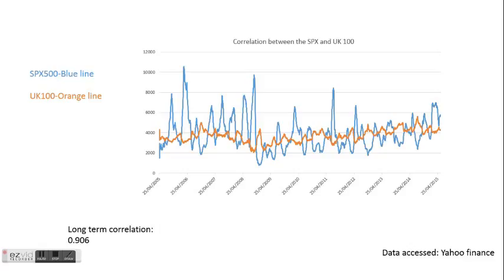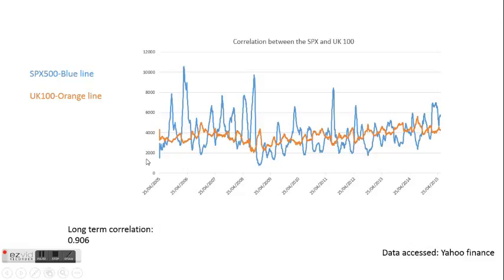So let's begin. The graph on my screen represents a correlation between the S&P 500 and UK 100. The blue line is the S&P 500 and the orange one is the UK 100. So how are these lines calculated? Because these aren't actually the prices for the assets.